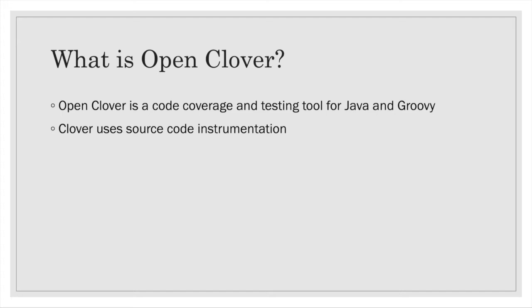Clover uses source code instrumentation, as I had said earlier. By that I mean, as every line of code is executing, it keeps on adding some kind of information to track what has been executed and what has not been executed. That is how it will come up with the metrics for your coverage of code.